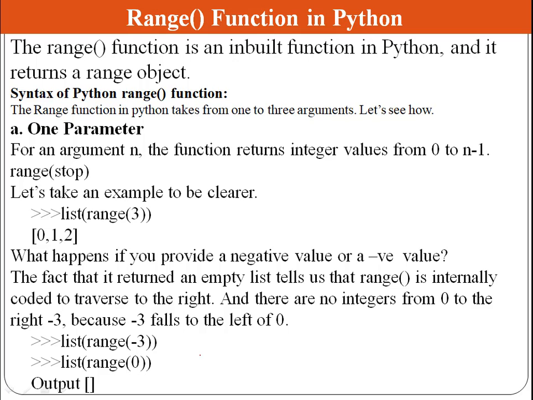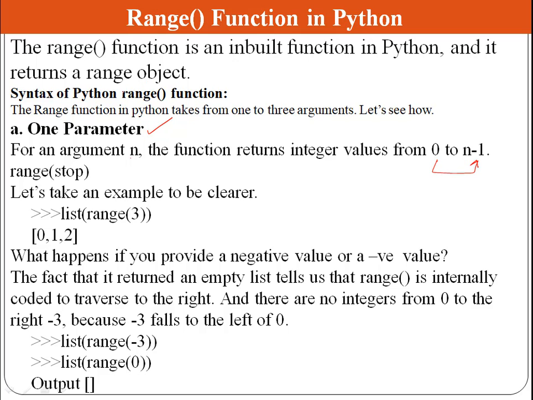For an argument n, the function returns integer values from 0 to n minus 1. Here, if you have put stop, what do you mean by that? Starting from 0, where to stop, right?